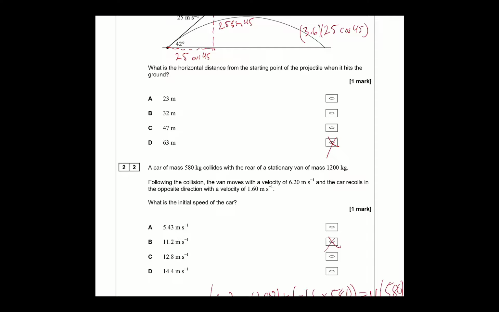That's a standard city speed. Probably wouldn't have been a very pleasant collision. But it's about 37, 40 kilometers an hour.